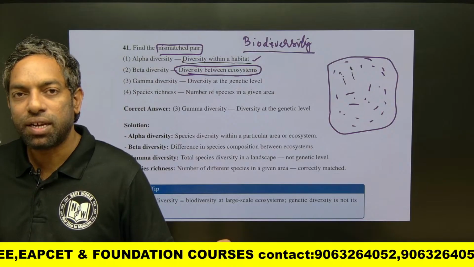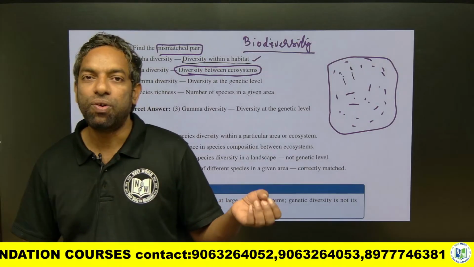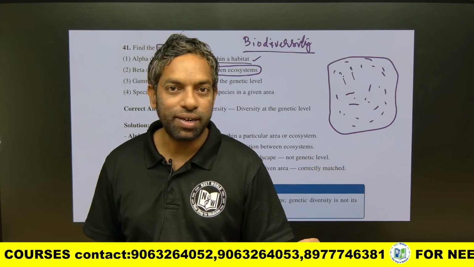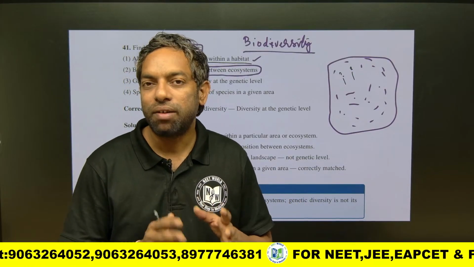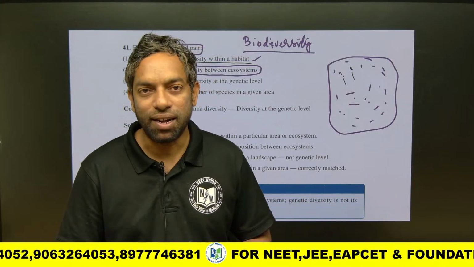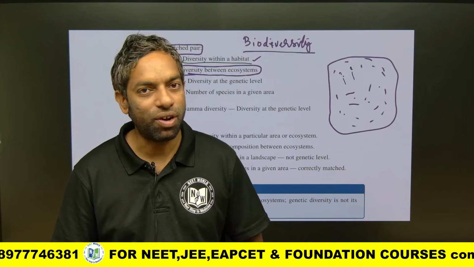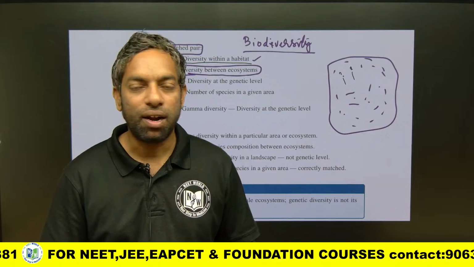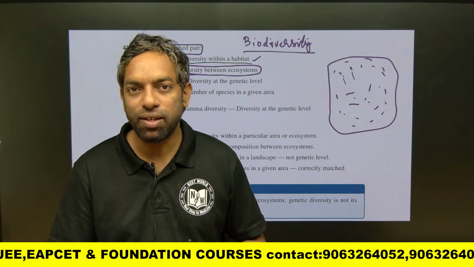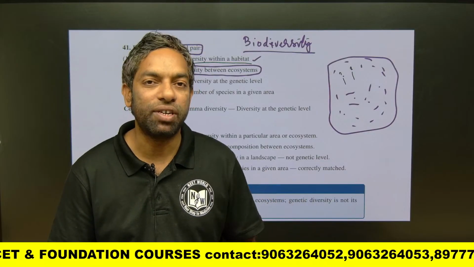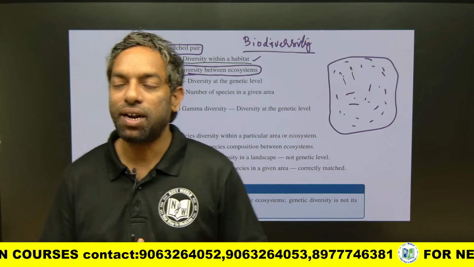The lake has its own zooplankton, phytoplankton, insects, benthos, nekton. The lake is surrounded by grassland, which is another ecosystem, with herbivores like rabbits. These are connected to the lake, right? They can take water from the lake. That is beta diversity: two ecosystems existing together.